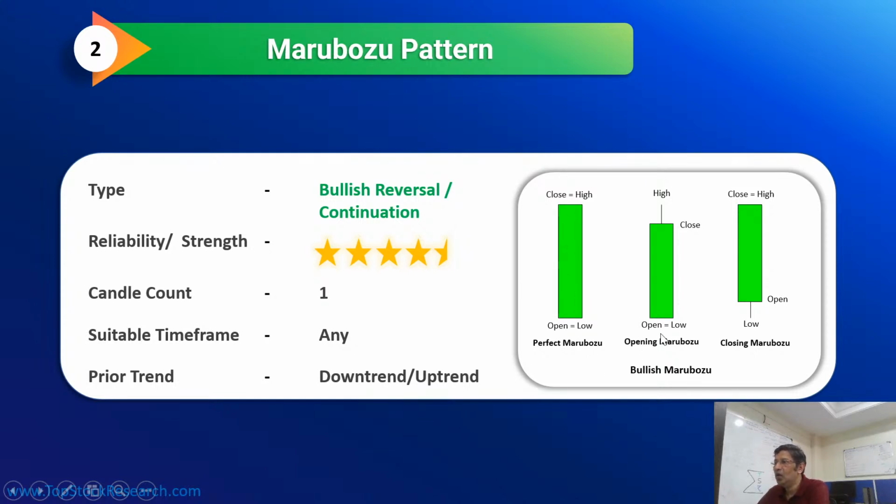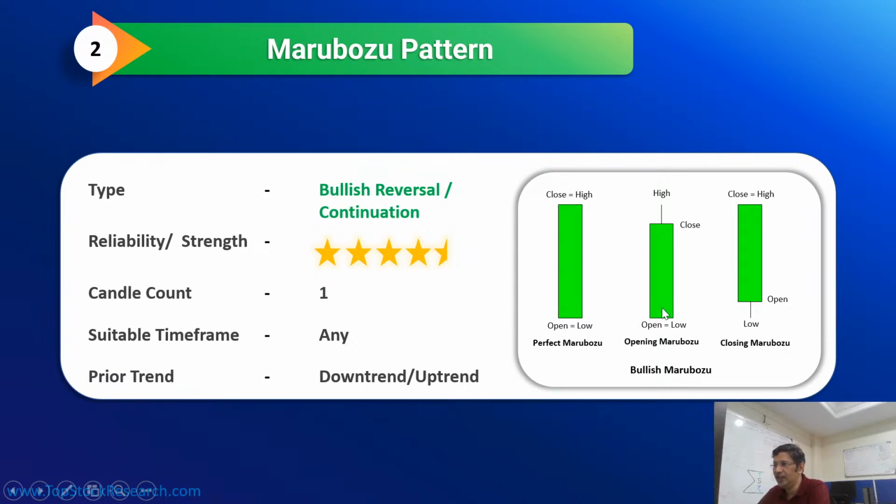The second one is open is equal to low. It moved only in one direction and it closed slightly below the high. But the general direction of this movement was bullish because it's a green candle. If it was a red candle, it would have started here and come down here, right? So generally, it is a one-way game, either bulls or bears.